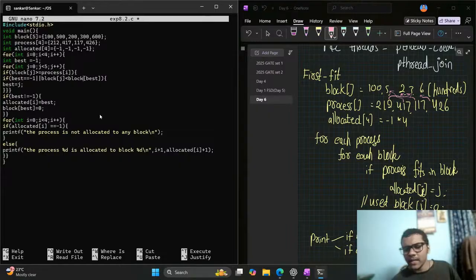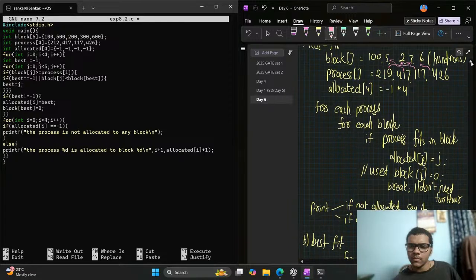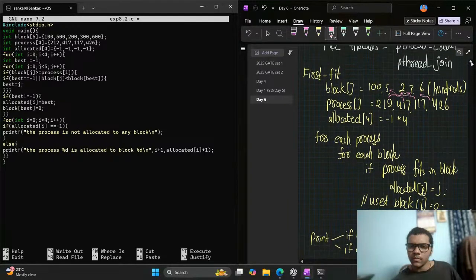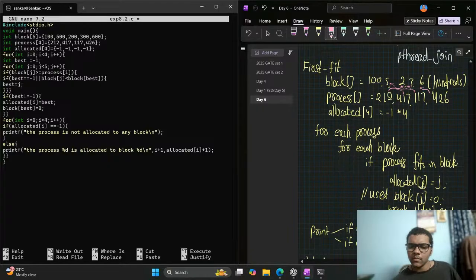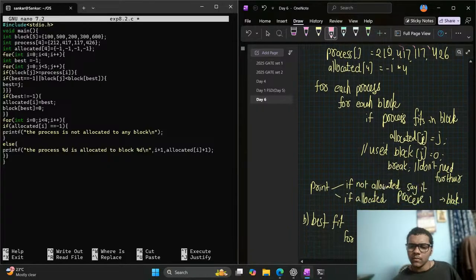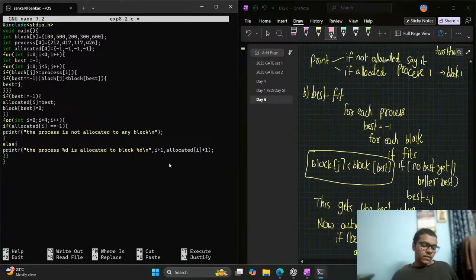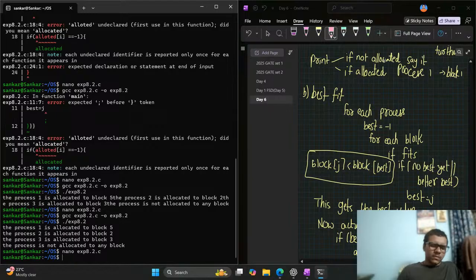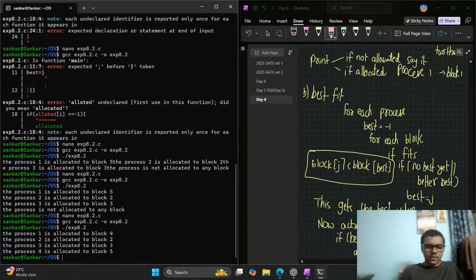It is block, right? Yeah. Well. That's a logical error.